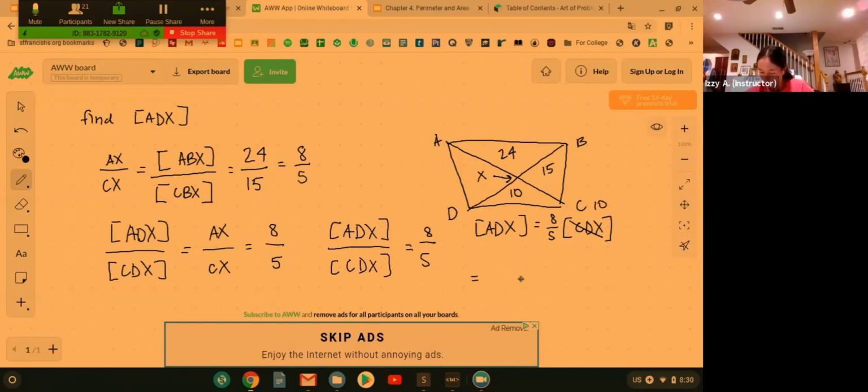So we can just plug it in, and 8 over 5 times 10, I'll simplify it like this to make it easier, then I get 8 times 2. So that means that ADX is equal to 16.